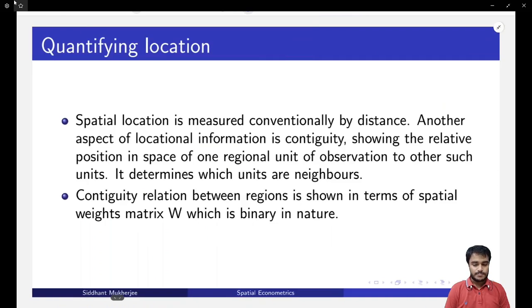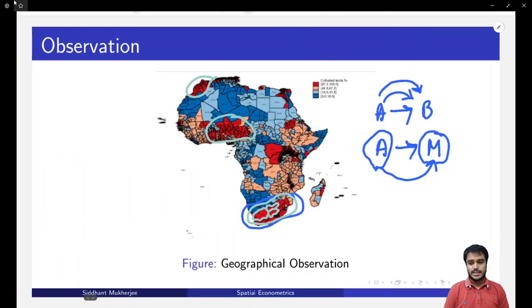And now we're coming to the second topic, spatial dependence.